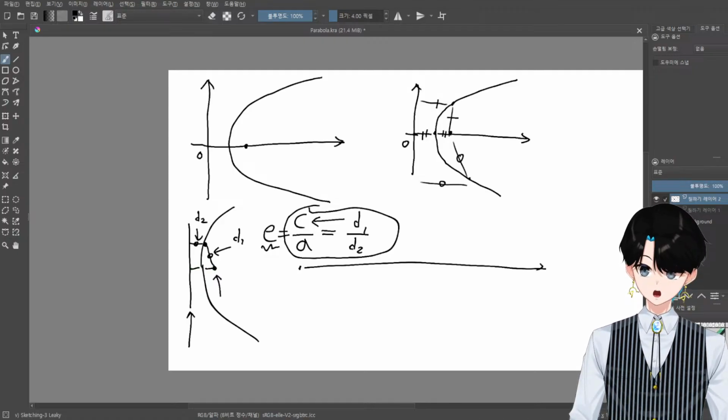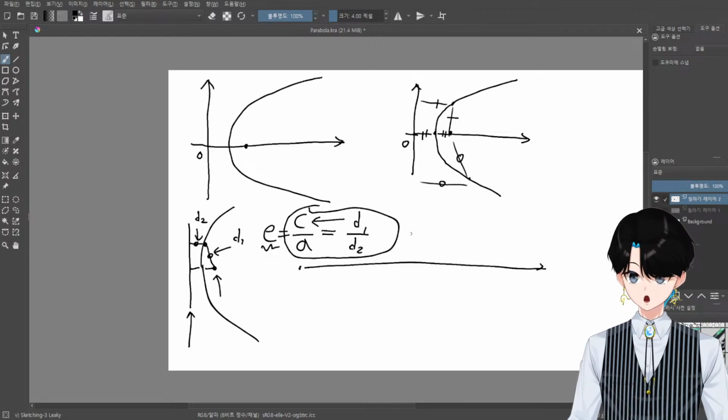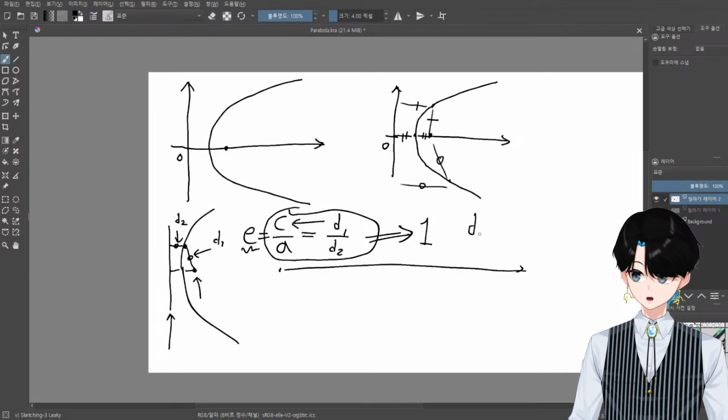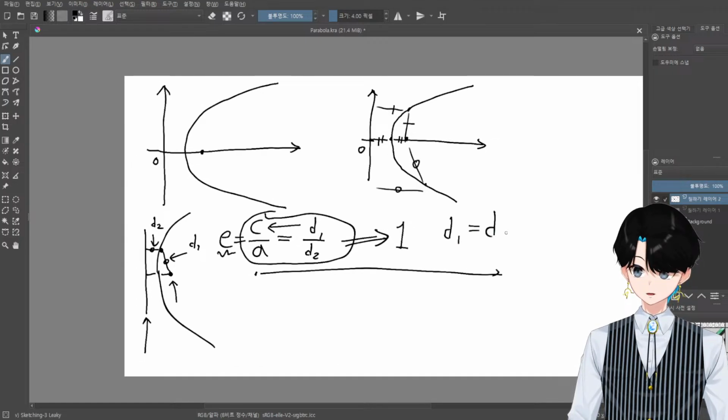In the parabola's case, this should be equal to 1, which also concludes to d1 equals d2.